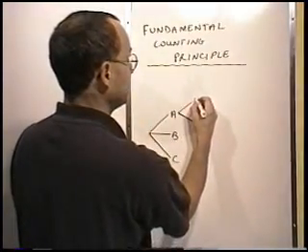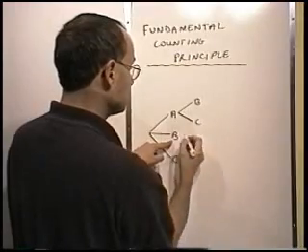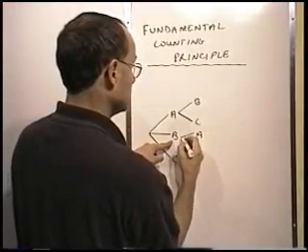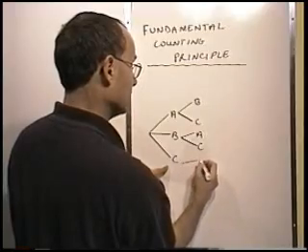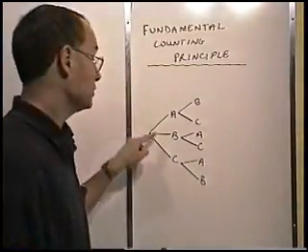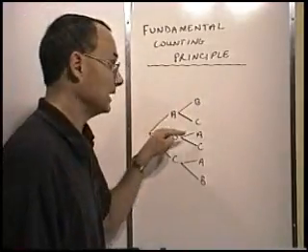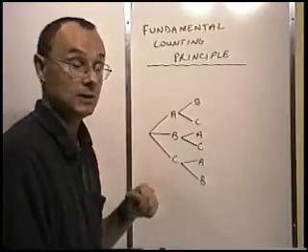Well, it could be either a B or a C. If we put a B first, then we have either an A or a C. And if we put the C, we have either an A or a B. So what I'm doing here is creating branches of possible outcomes, branches of possibilities.